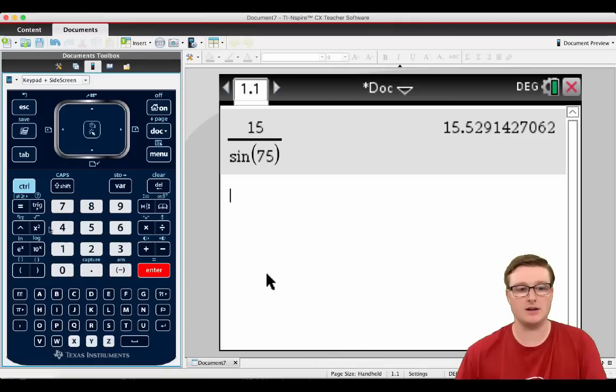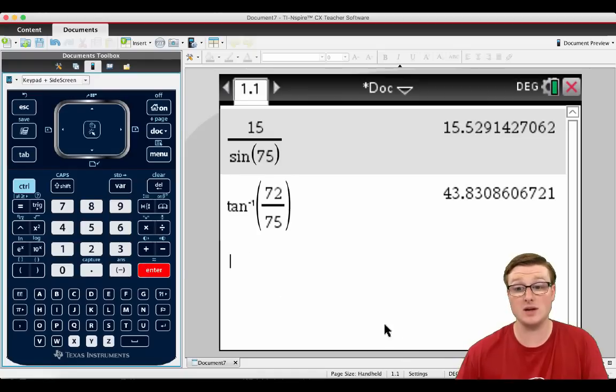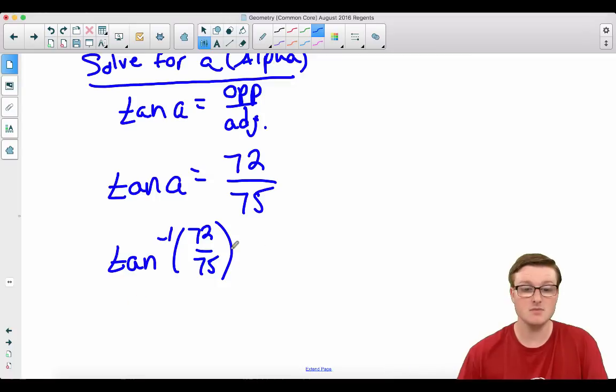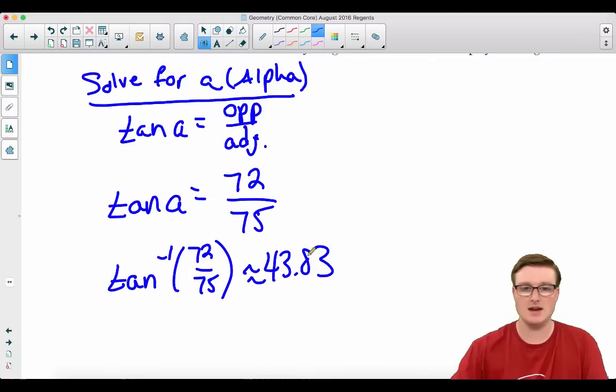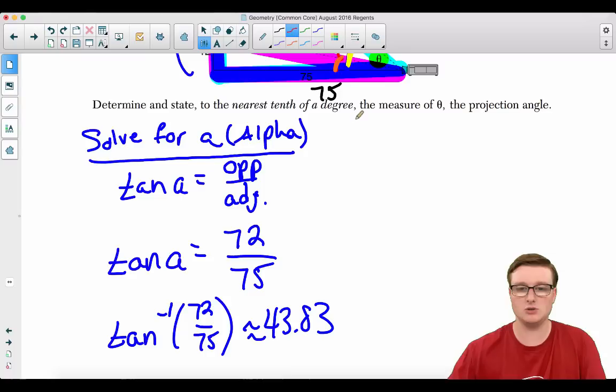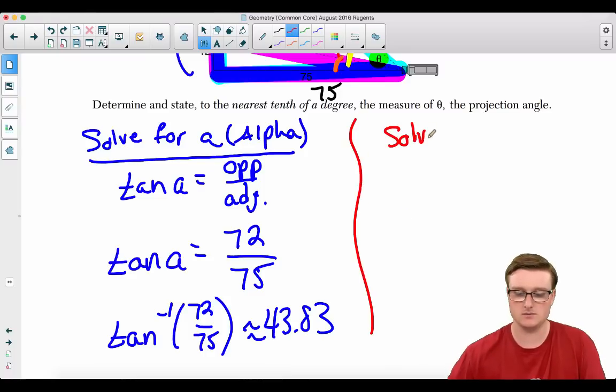Now we go to our calculator, and we take the inverse tangent of 72 over 75. And we get 43.83. Okay, so we put that 43.83. Now, what we're going to do is we're going to solve for beta.